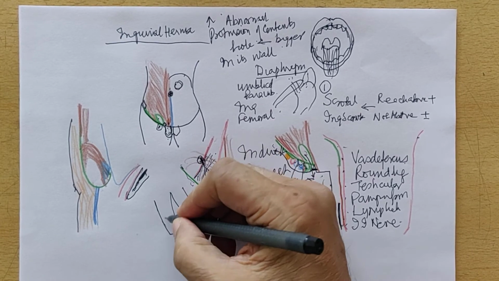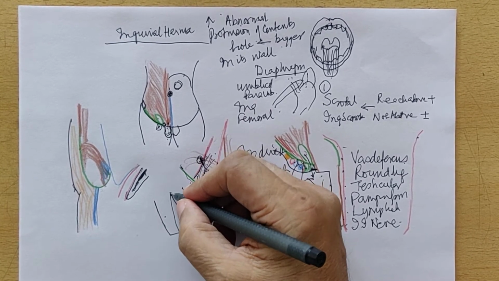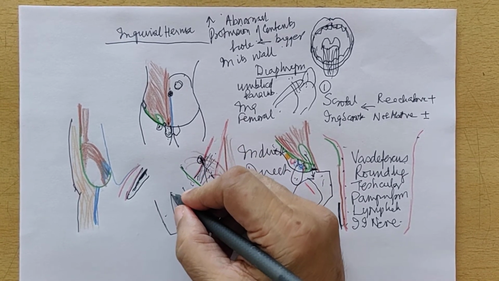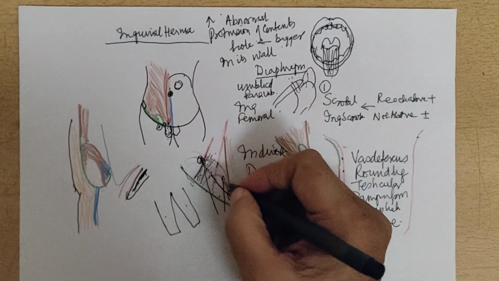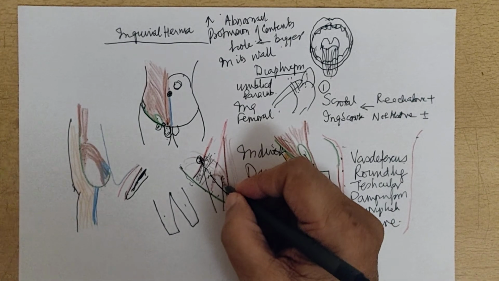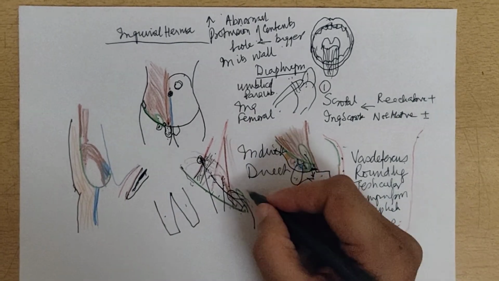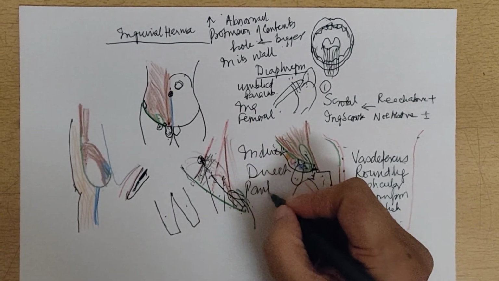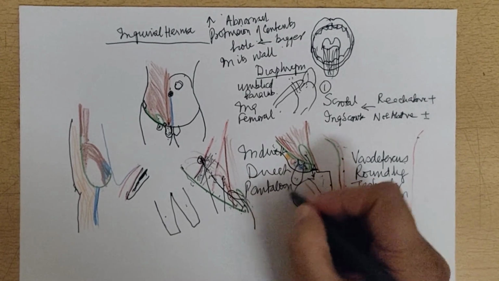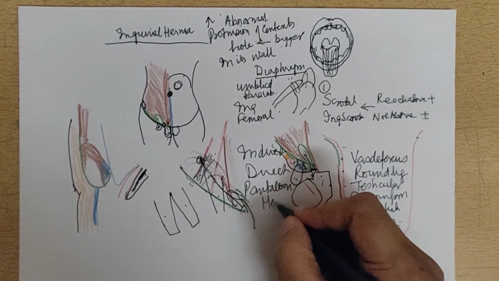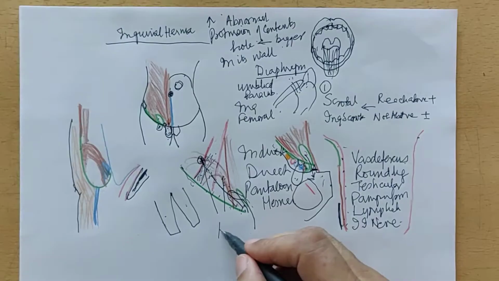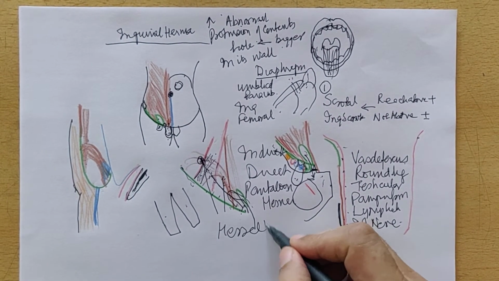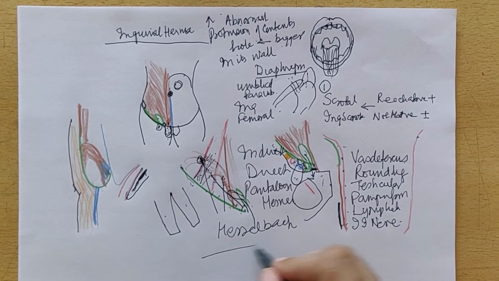It's like a pant, this side, that side, and here is this ligament. So it's from the deep and the superficial inguinal ring both. Just to confuse you, they can cite all these terms, and this is the triangle of Hesselbach.